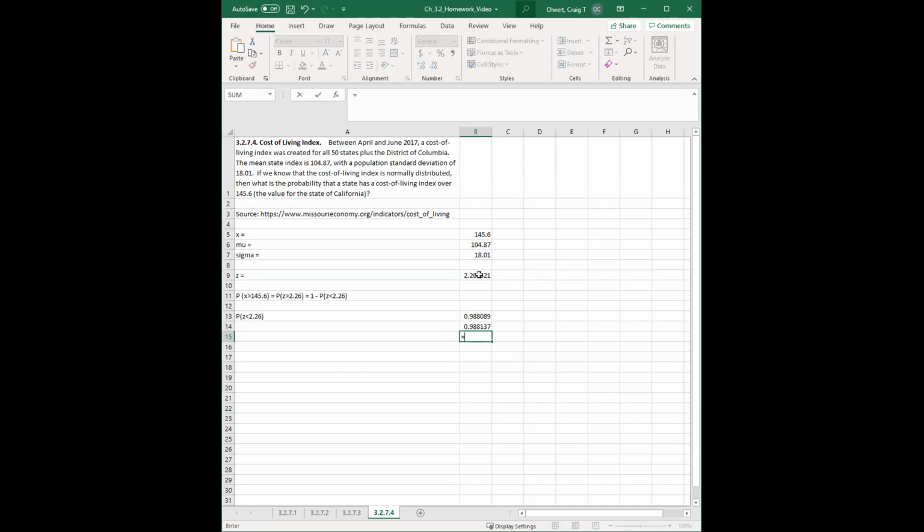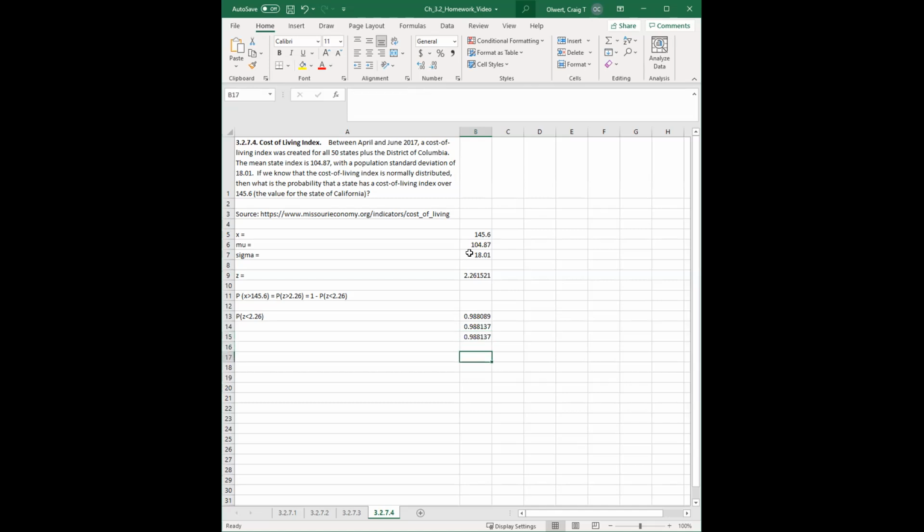So enter equals norm.dist, open parenthesis, then click on B5, comma, click on B6, comma, click on B7, comma, then type true, close parenthesis. The value Excel calculates is the same at 0.9881.